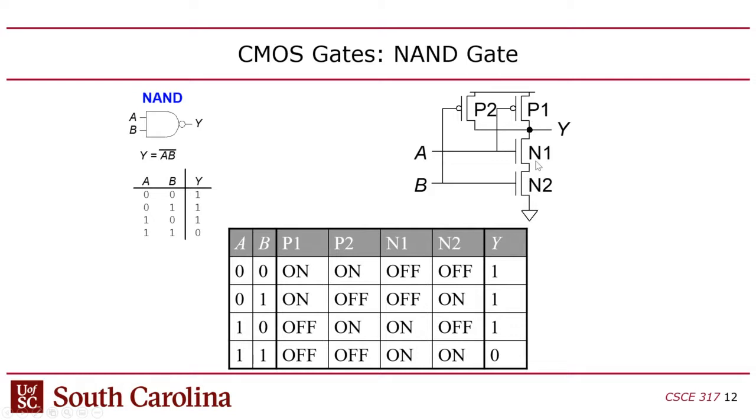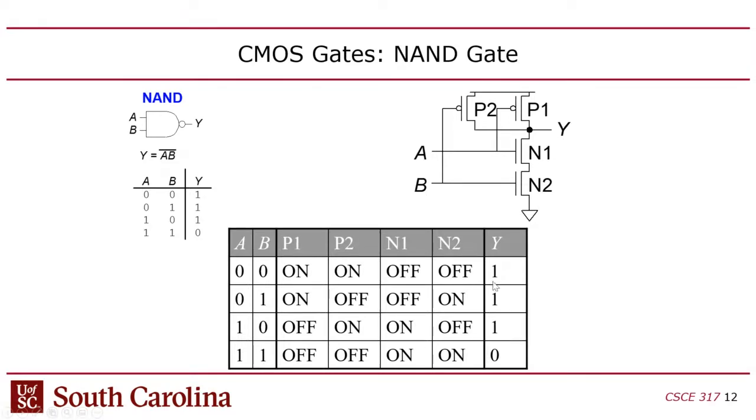As long as one of them's on, you'll have a pull-up. But because the NMOSs are in series, they both have to be turned on in order to pull the output down. So the only way to get a 0 output out of this is to have A and B set to 1. And that way, both of the NMOSs are on. That creates a path from the output to ground. And of course, if those are both 1, then that likewise means that both of the PMOSs are off.